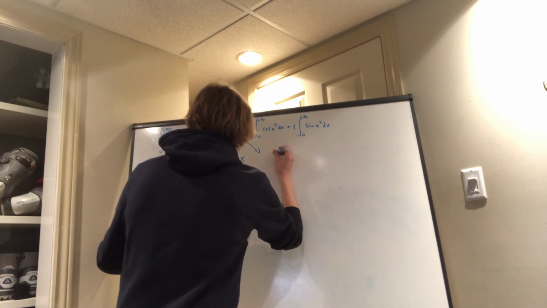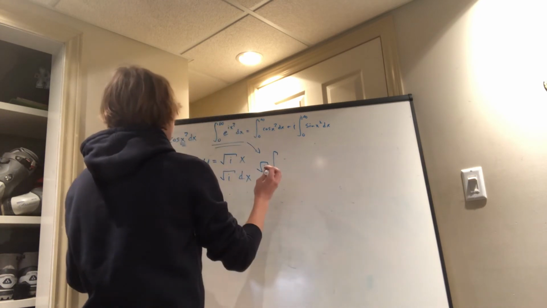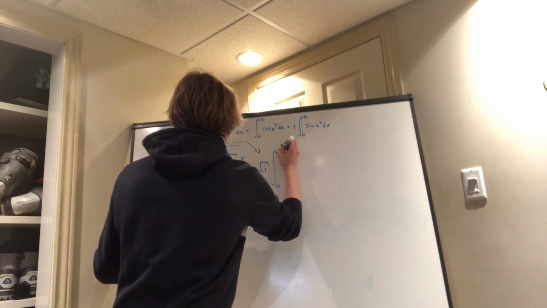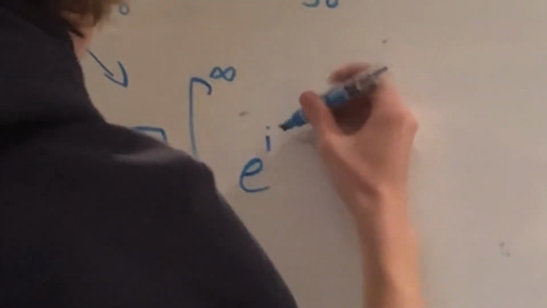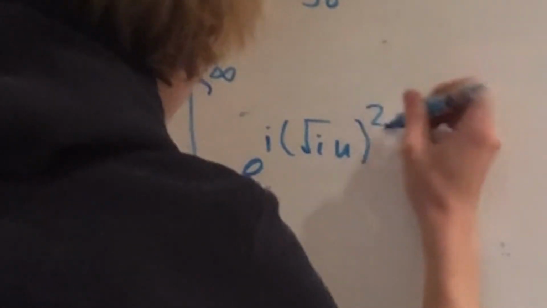We can just take that out of the integral. Square root of i times the integral from 0 to infinity, e to the i square root i u squared du.